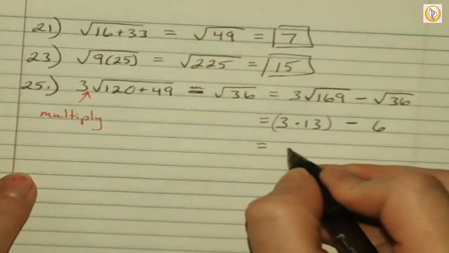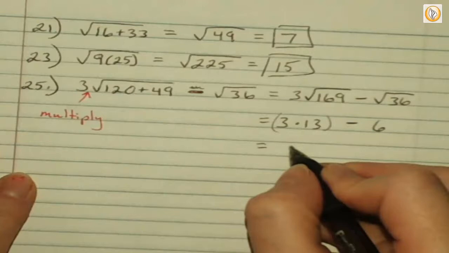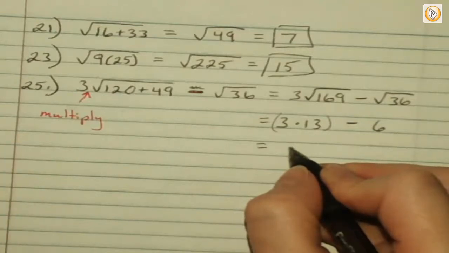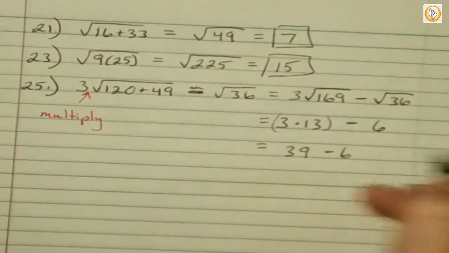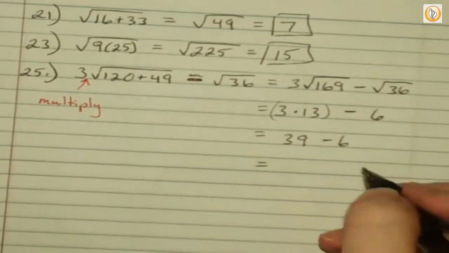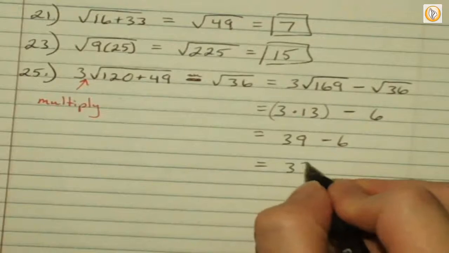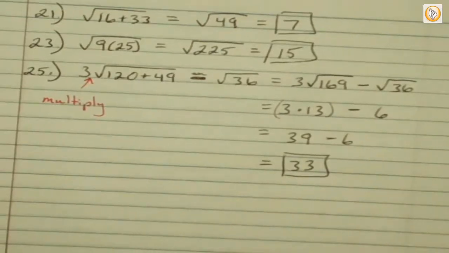Put your seat down, Taylor. 39. 39 minus 6. And so what's 39 minus 6? 33. Very good. Any questions?